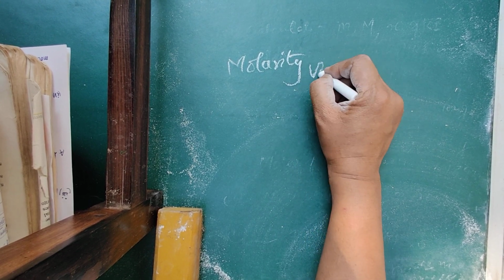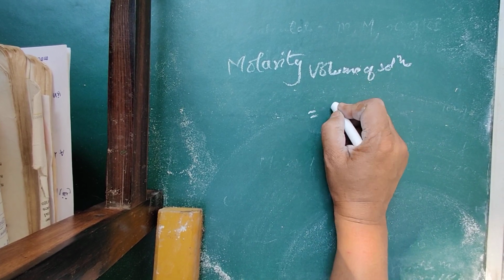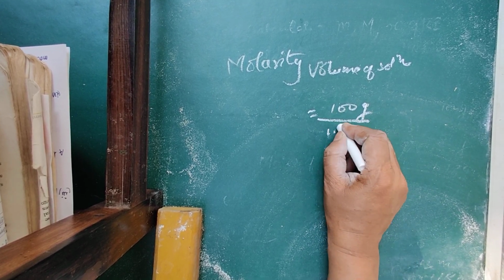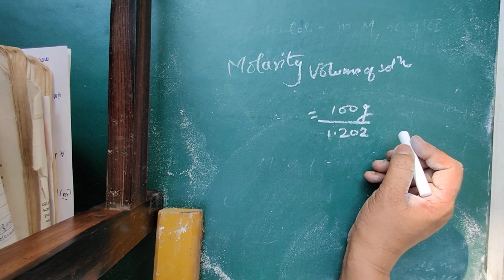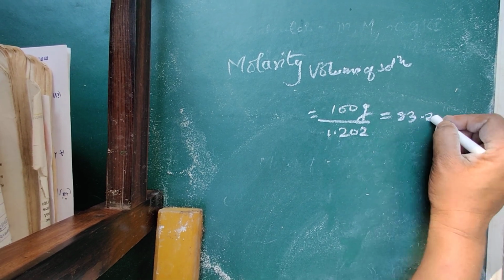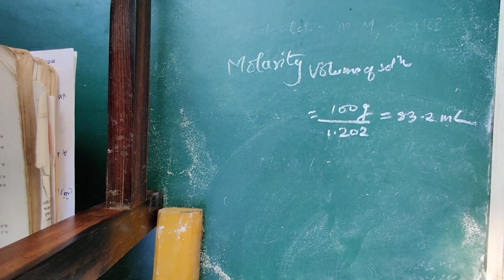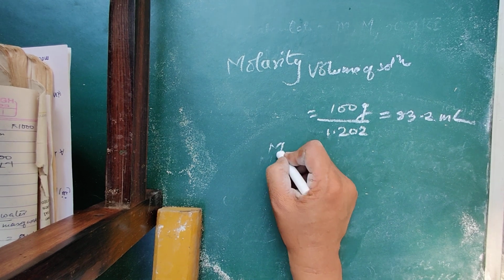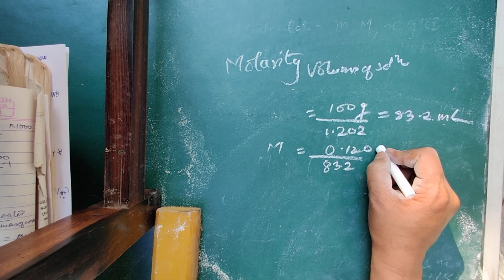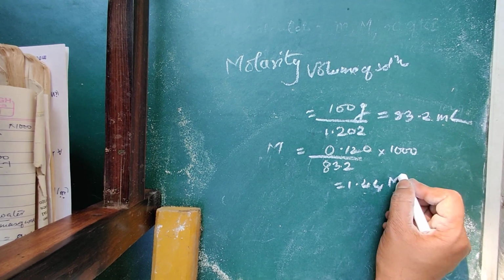Volume of solution: it is given that mass of solution is 100 grams, so we have to divide it by density. Mass upon density is volume. It comes to be 83.2 ml. Now you can find out the molarity, that is equal to moles of solute 0.120 divided by 83.2 ml into 1000. That comes to 1.44 M, capital M.